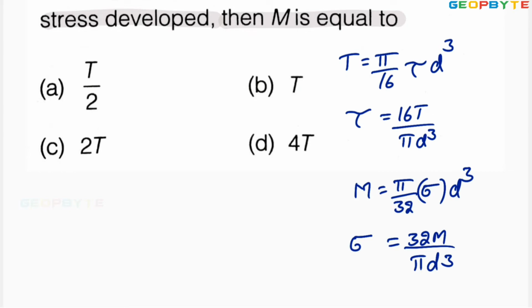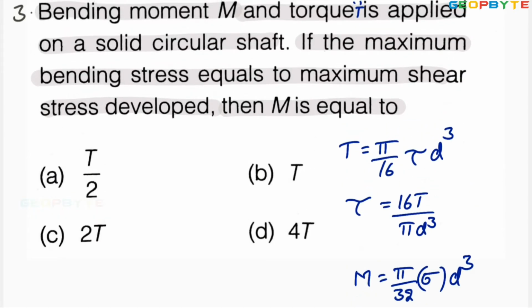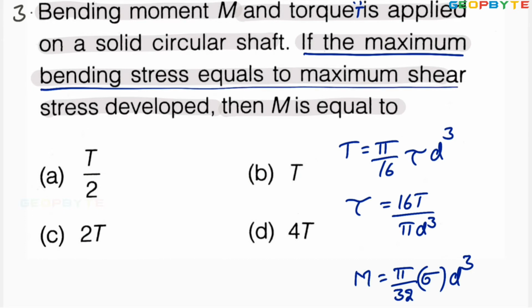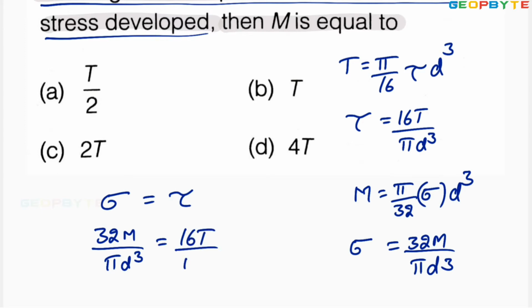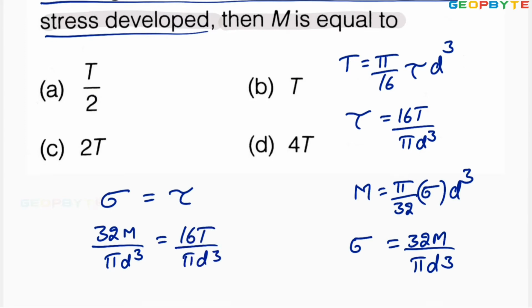It is given that the maximum bending stress is equal to the maximum shear stress developed, that means bending stress developed equal to shear stress developed. Bending stress is 32 M by pi d cube. Shear stress equal to 16T by pi d cube.